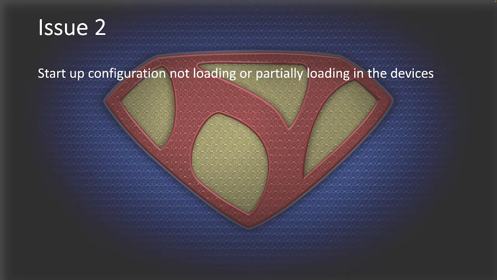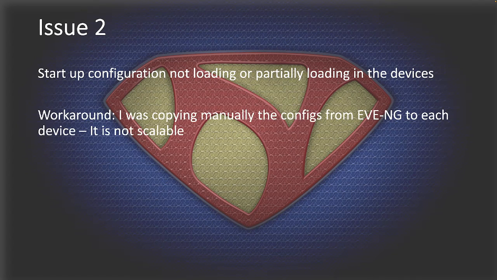I didn't see the interfaces with the IP configuration. Every interface came in shutdown state. So my workaround was to copy the configuration manually from the startup configuration profile. Let me show you what I was doing.